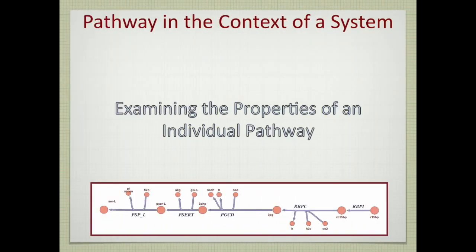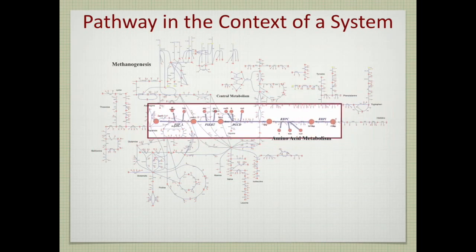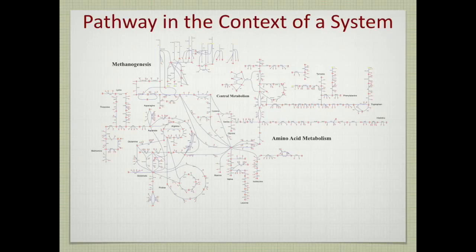But if we think a little more broadly, we see that a pathway like this one, a biosynthetic pathway for an amino acid, actually is a part of a network. It's just a piece of that network. A pathway doesn't function independently of everything else inside the cell.